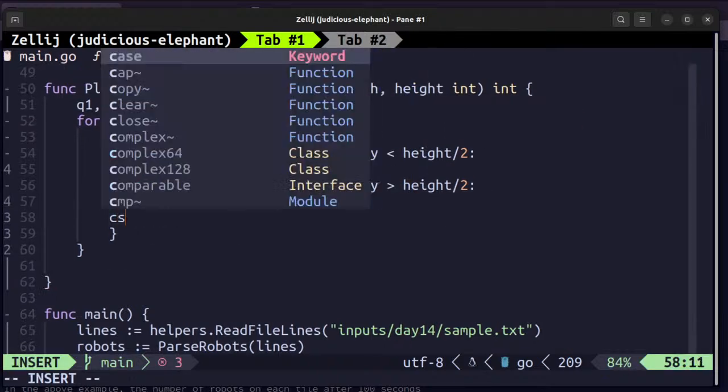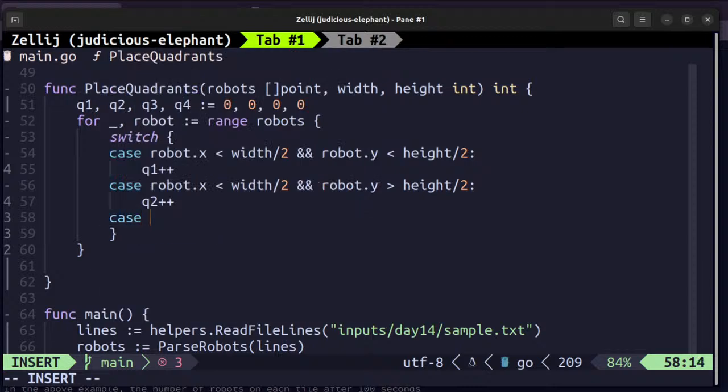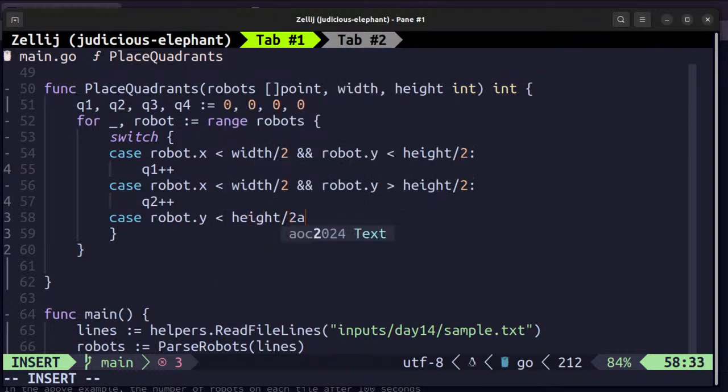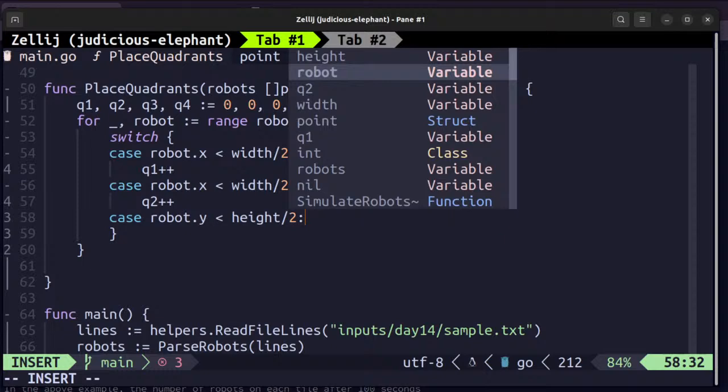The case 3 will be, in this case we know that the robot's x position will be greater than the width. So if robot y is less than the height by 2, we need to increment q3.